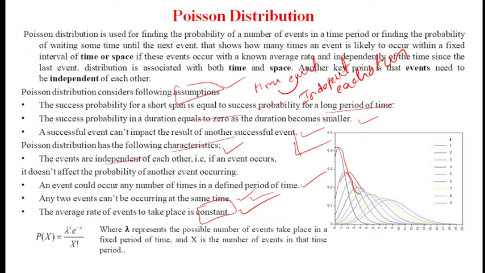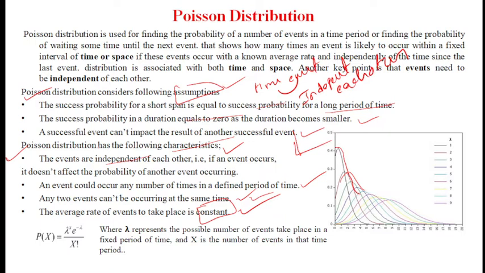What is the formula for this Poisson distribution? Note the points of these assumptions and characteristics of Poisson distribution. From these we can expect questions also. Note down these assumptions and characteristics. The events are independent of each other.